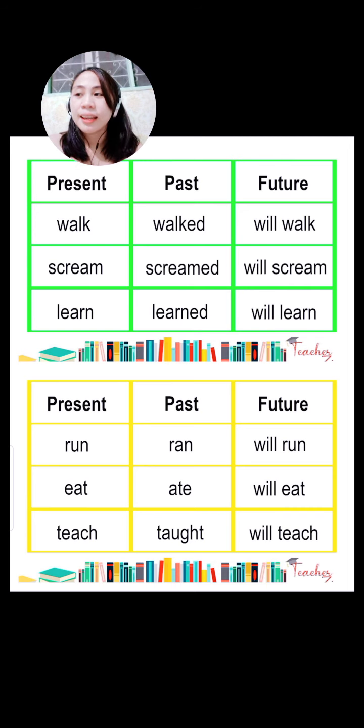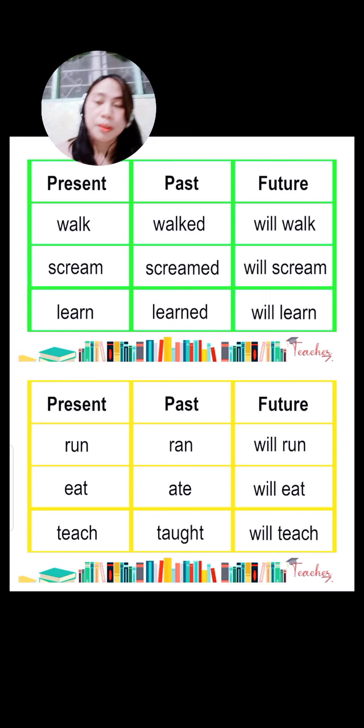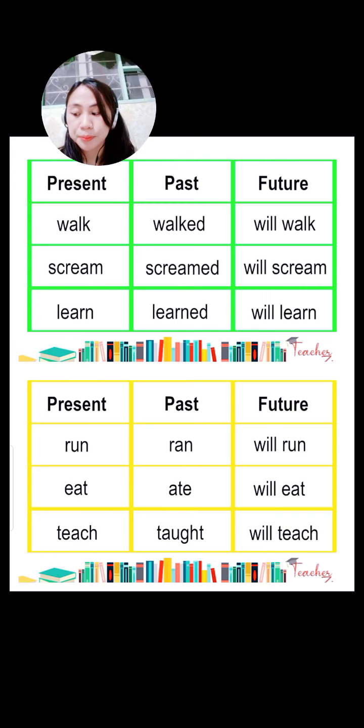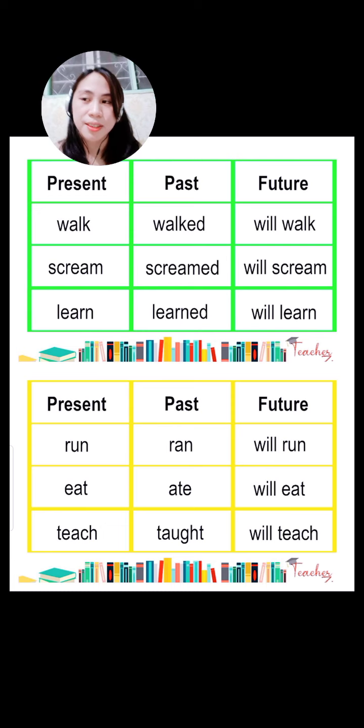Alright, and let's move on. Verb has two types. You got regular and irregular verbs. But let's start with the regular first, of course. This table right here, the green table, is what we call regular verbs, because there's a lot.